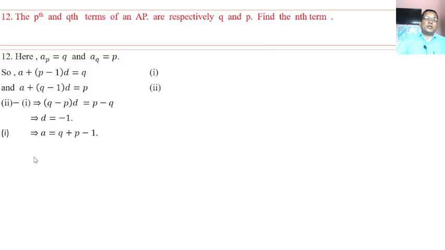Therefore, we find the N term. The N term formula is A plus N minus 1 times D. The first term is Q plus P minus 1, and the common difference is minus 1.